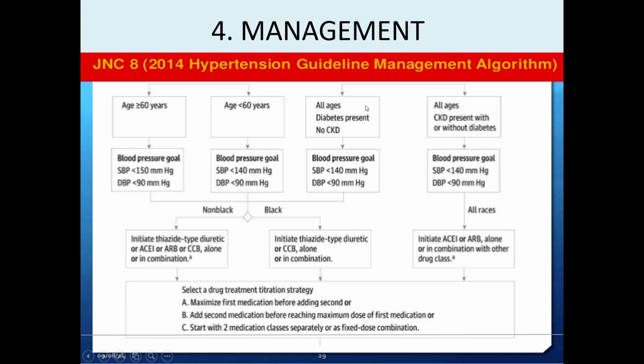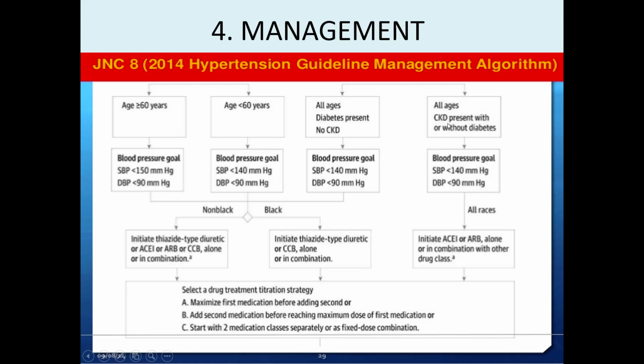In all patients less than 60 years or in all patients having diabetes or kidney disease, irrespective of their age, their optimum control must be blood pressure less than 140/90, as you can see in all these three limbs. Except patients with age more than 60 having normal kidney function and normal blood sugar levels, their target is 150/90. So if they are having blood pressure more than 150/90, you have to treat it.